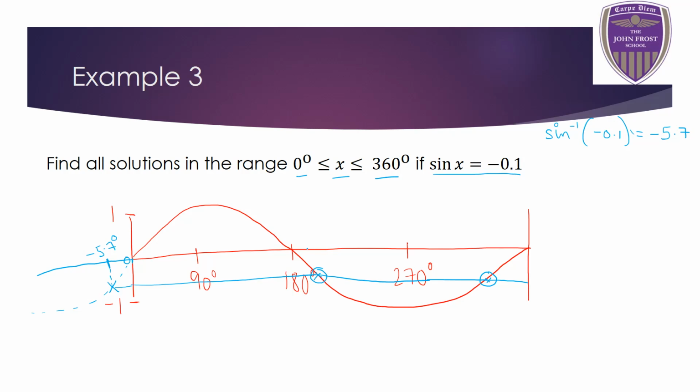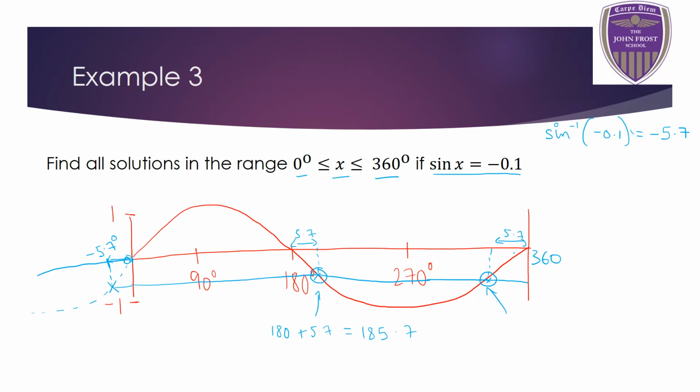Okay, so the gap from here to here is 5.7, which means these two gaps are also 5.7. So that gap there is 5.7, and this gap here is 5.7. For this one, it's past the 180, and this was 180 plus 5.7, so 185.7. And this one, remember this part is 360, isn't it?